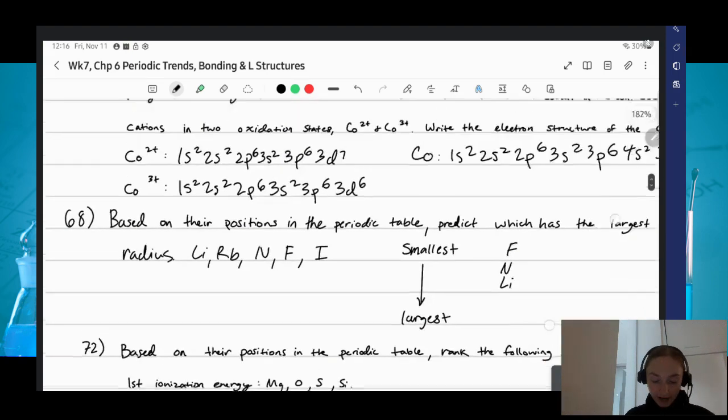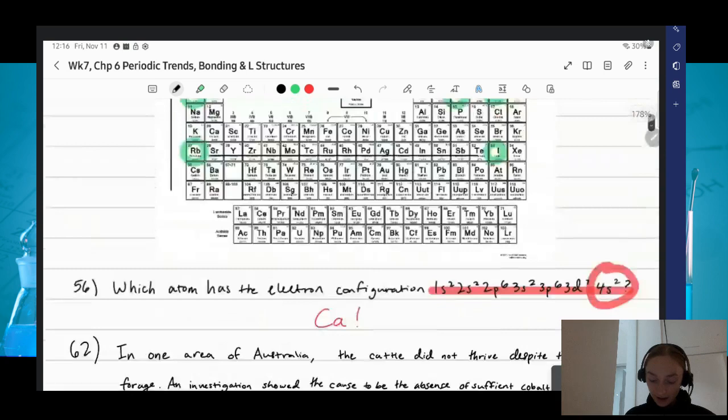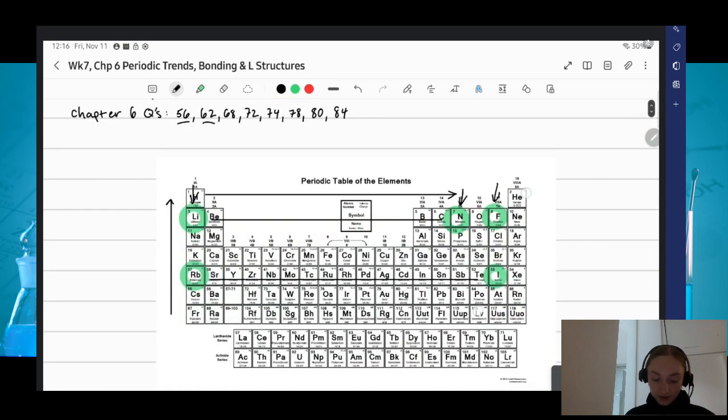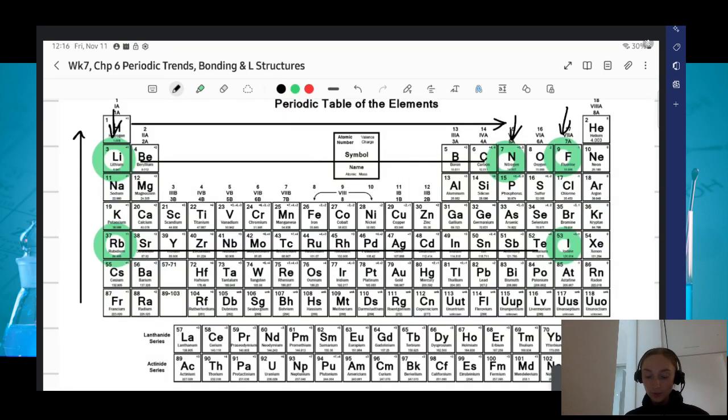And so let's go back and look at rubidium and iodine. Just as we talked about before, when we move upwards and to the right, it's going to be the smaller atom. And so iodine is much farther. It's all the way across, has 7 valence electrons, and rubidium has 1 valence electron. So iodine is going to be smaller than rubidium.